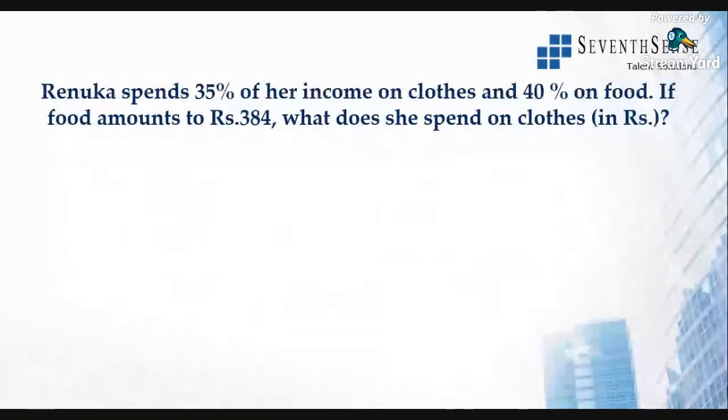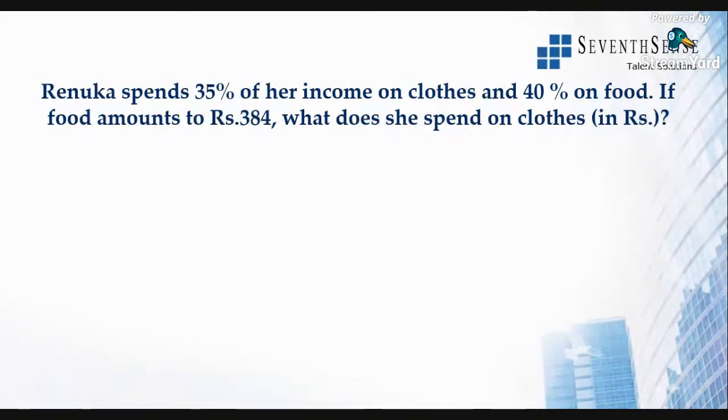We'll go on to the next question. Renuka spends 35% of her income on clothes and 40% on food. If food amounts to rupees 384, what does she spend on clothes?